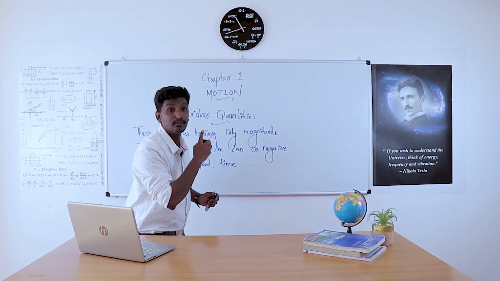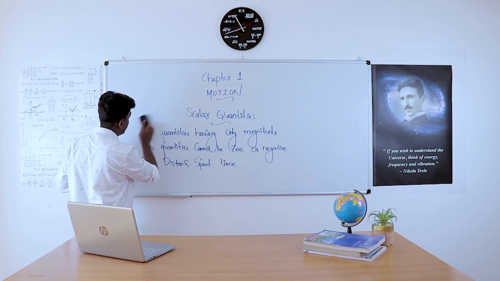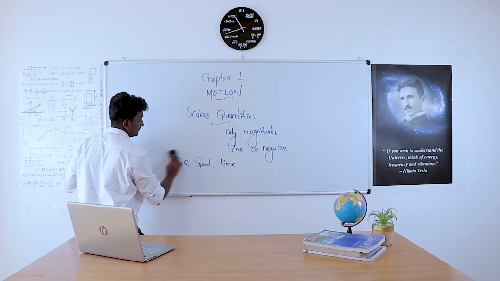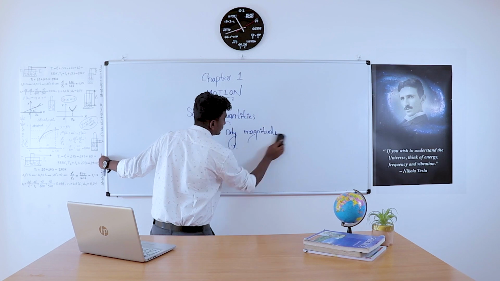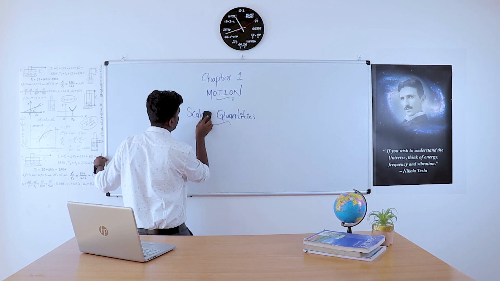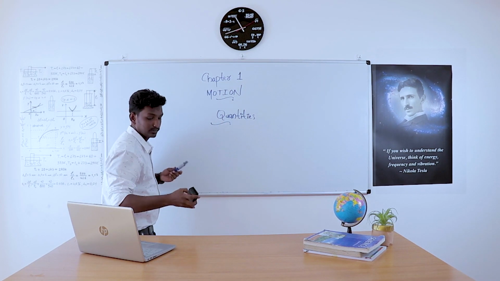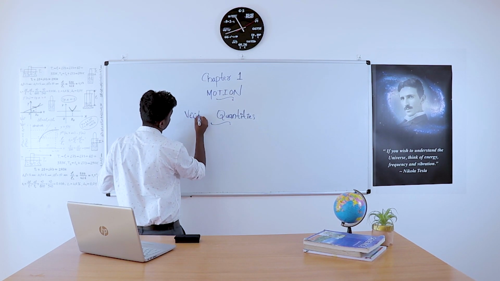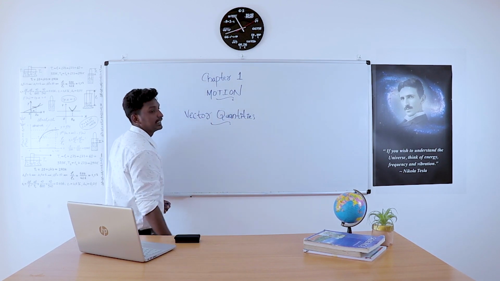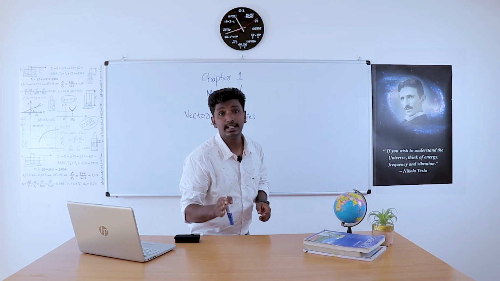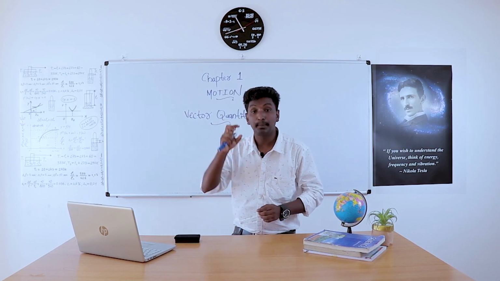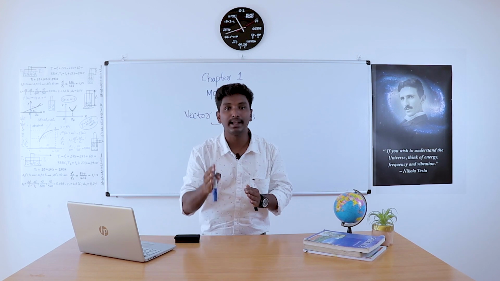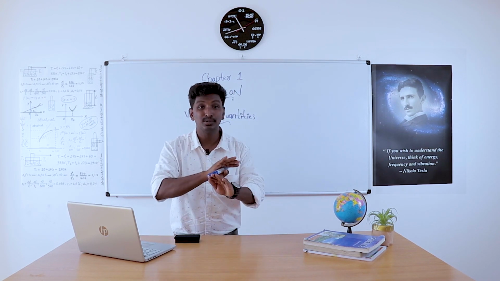Now moving to vector quantity. Now let us look at what a vector quantity is. In scalar quantity, we define the quantity as having only magnitude, no direction.